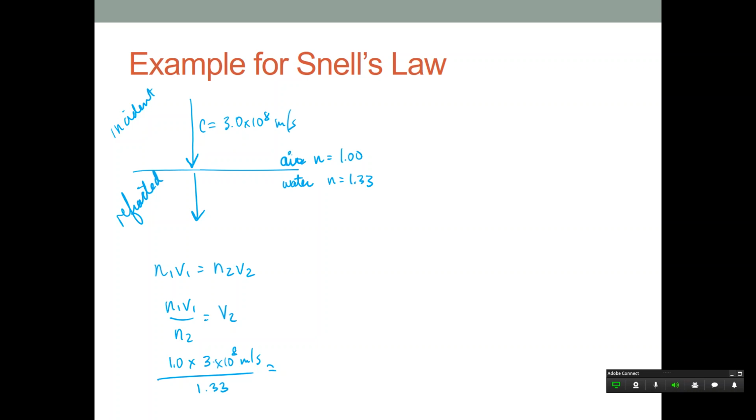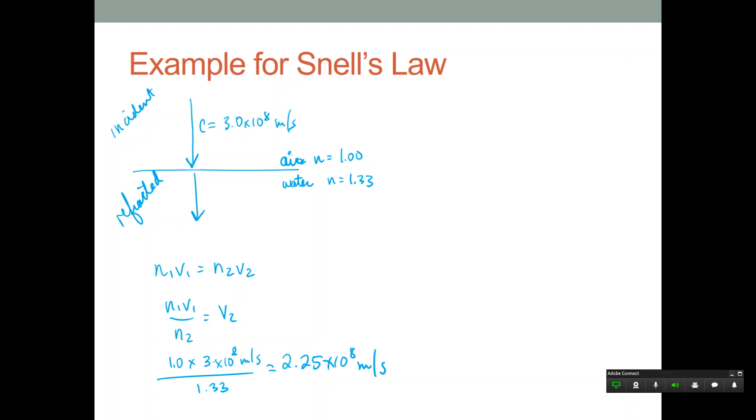That's going to be equal to 2.35 times 10 to the 8 meters per second. Is that right? So light slowed down when it entered water. That makes sense.